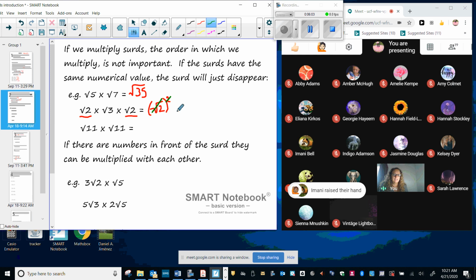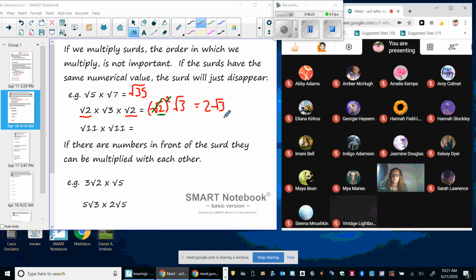So actually, that's just going to be 2. But we can't forget our little root 3 here. So he's going to be there still. And let's just neaten this up because we said that the root 2 squared cancelled each other out. So we've got 2 root 3.